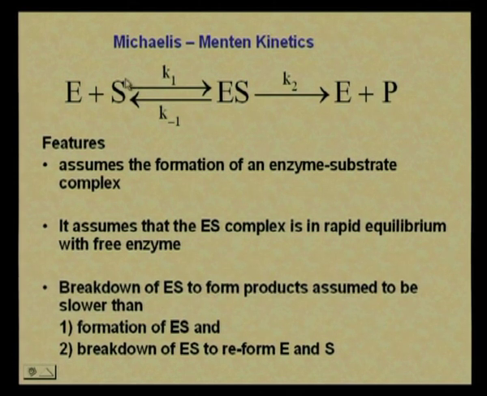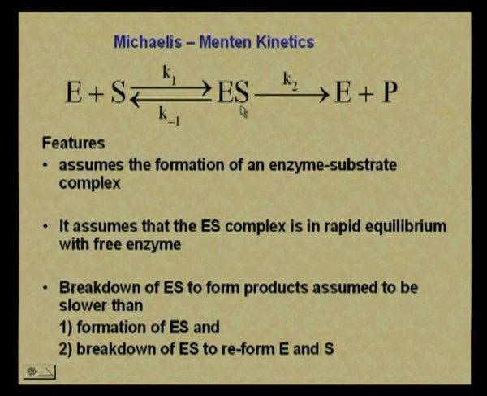So, we have a rapid equilibrium here, that is the pre-equilibrium step, and the breakdown of the enzyme substrate complex to form the products is slower than the formation of ES. So, if this reaction is slow, what does this make it? This makes it the rate limiting step of the reaction.